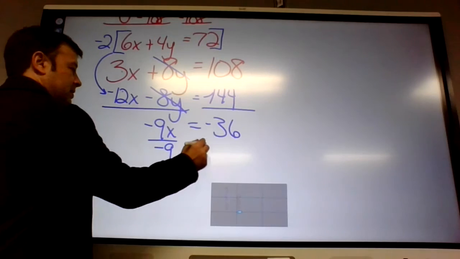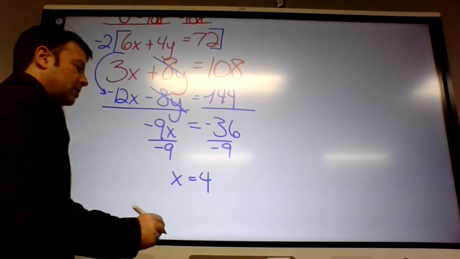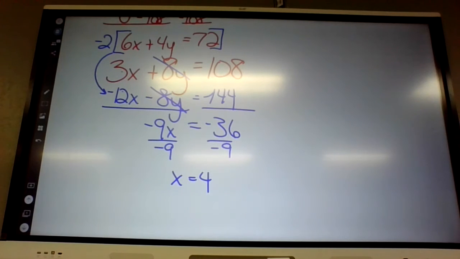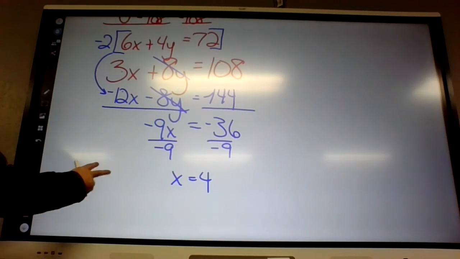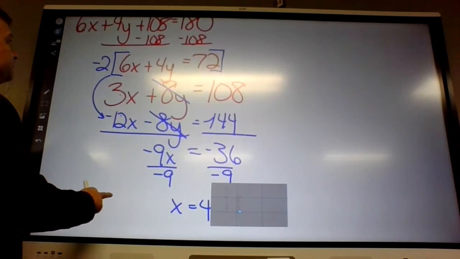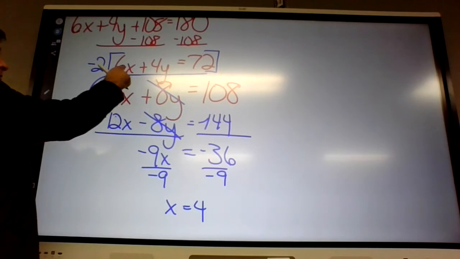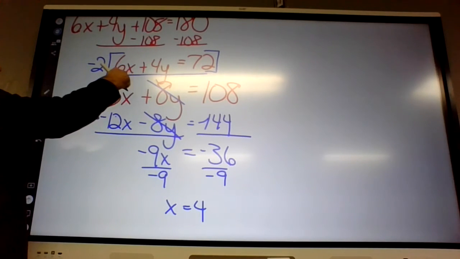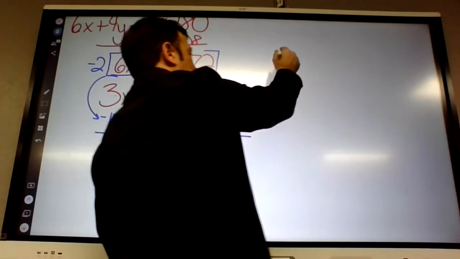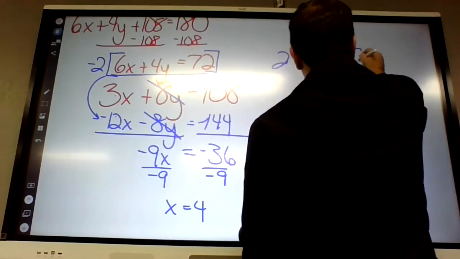Divide by negative 9. Okay, x is 4. How do I find y? We plug that in. Plug 4 back in somewhere, we get to choose. So maybe I'll use that one right there. So x is 4, so 6 times 4 is 24, plus 4y equals 72.